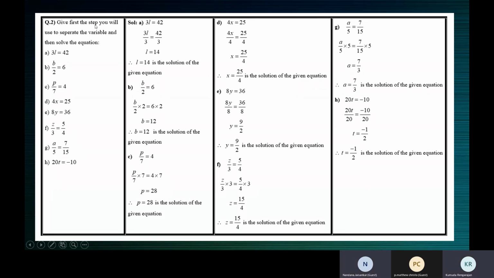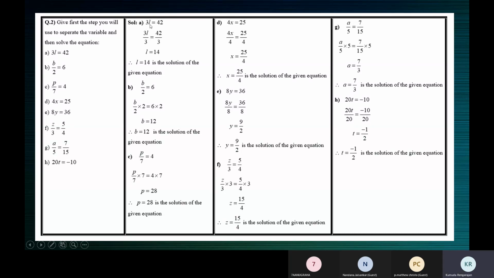So here the heading is, give the first step you will use to separate the variable and then solve the equation. So take the first equation, 3L is equal to 42. The variable L is in the term 3L, so you'll have to separate L from 3.